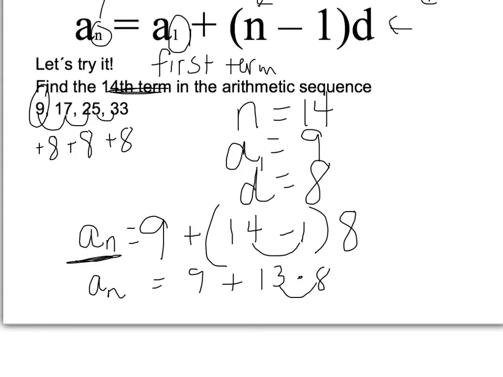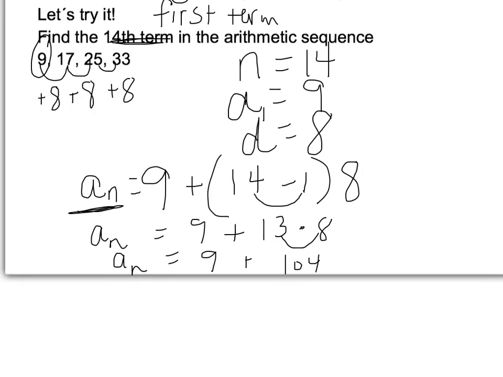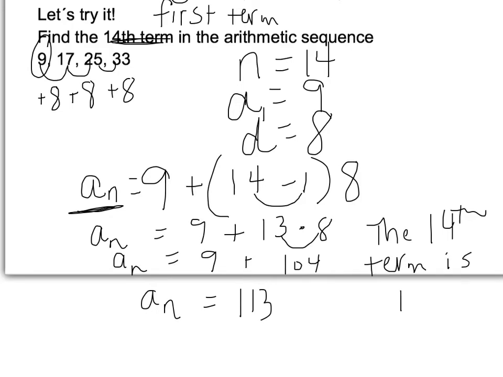Multiplying 13 times 8, I get 104, plus 9 is equal to 113, which is a sub n. So the 14th term here will be 113. I'm going to write that in words. The 14th term is 113.